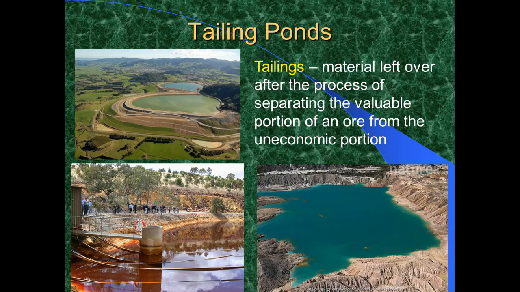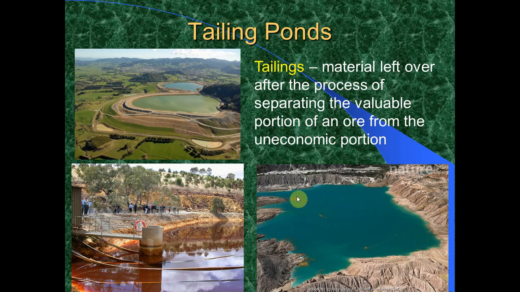So once again, we take that 30% ore body, we extract the 30% we want, and the 70% we don't, that's tailings. It's the uneconomic portion that's left over. Now, in a lot of cases, particularly for precious metals, you'll actually store the liquid waste on site in what is known as tailing ponds.